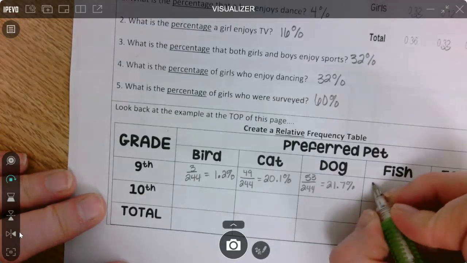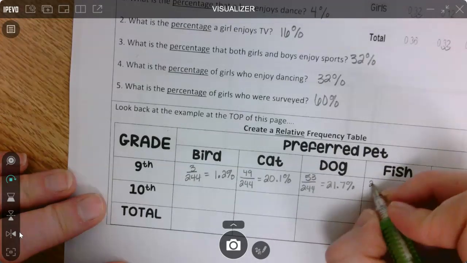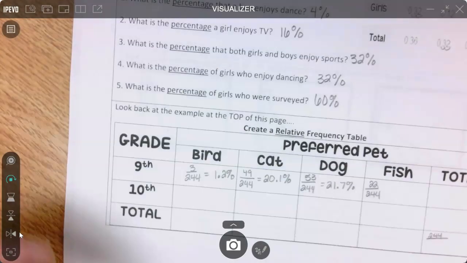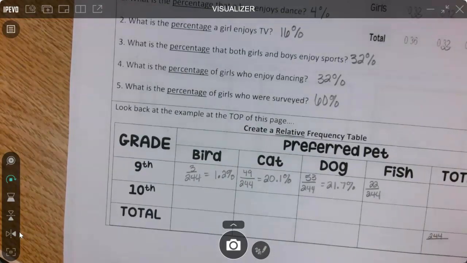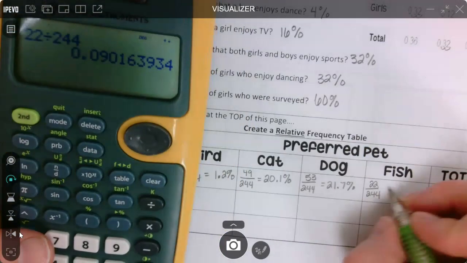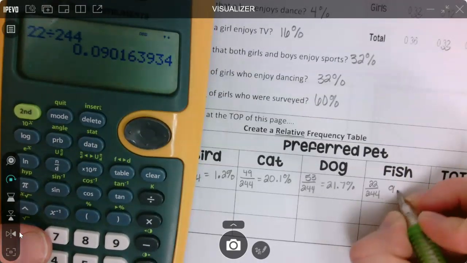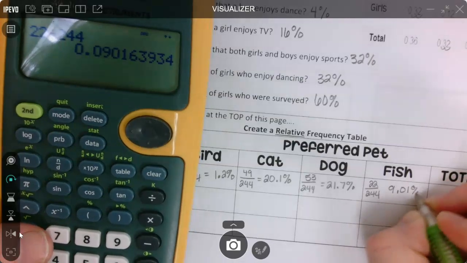Fish, you had 22 out of 244. And that gives me 9.01%.